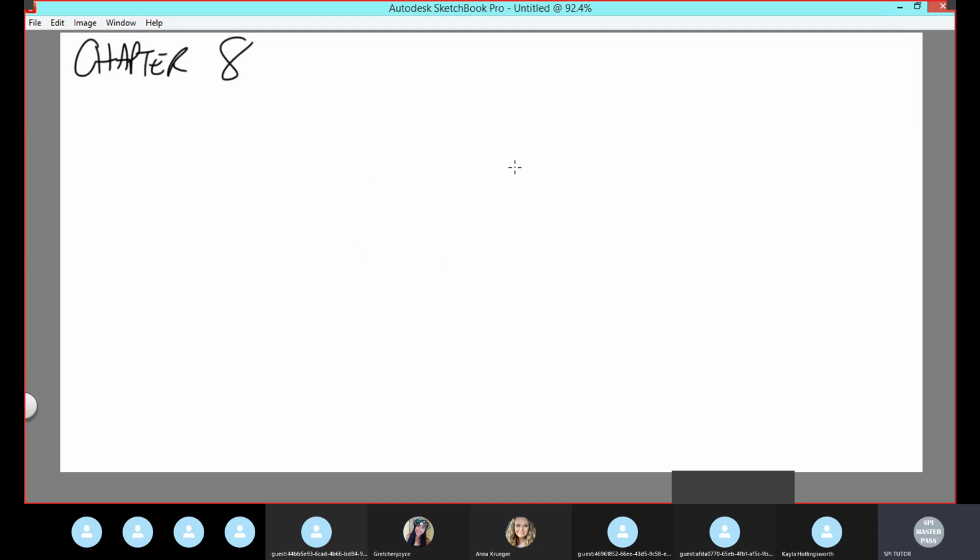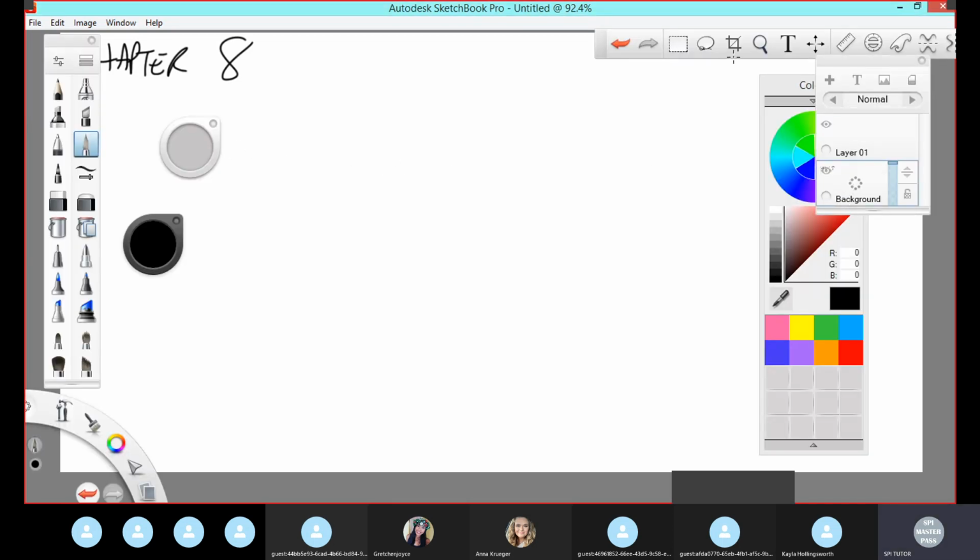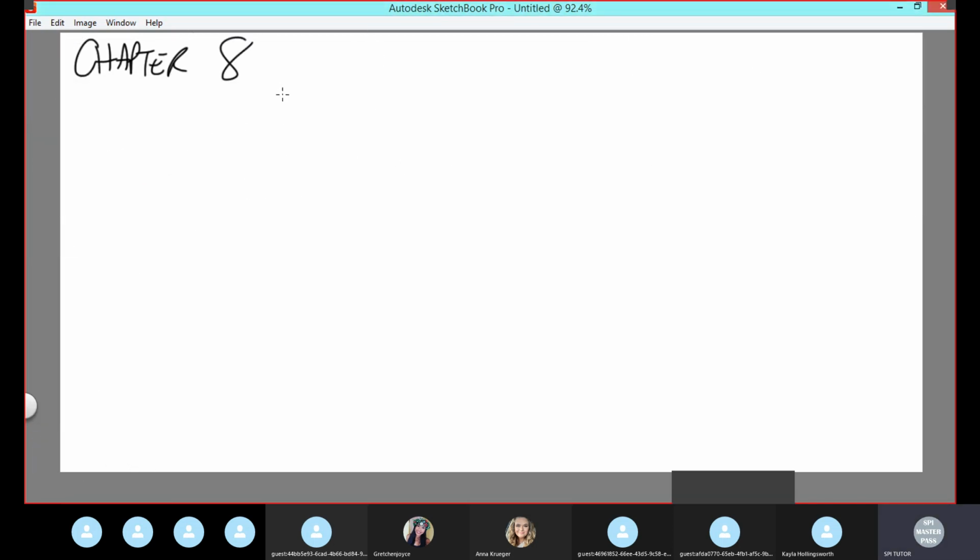Now, the end of chapter 8 ties in a little bit with chapter 9, which starts talking about where the focal point is placed. Okay, so before I get into that, let me discuss the regions of the wave.